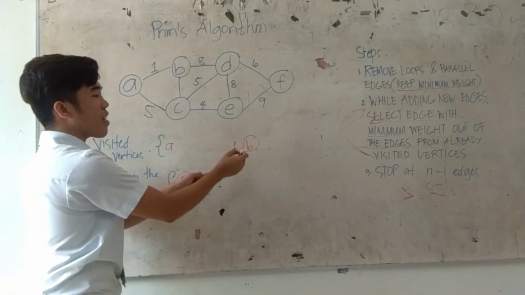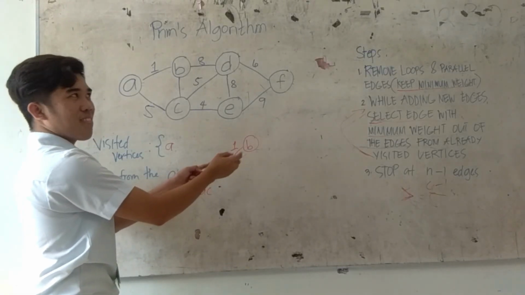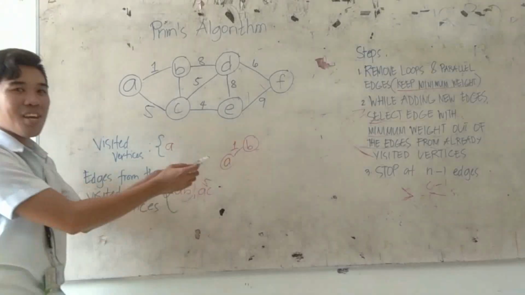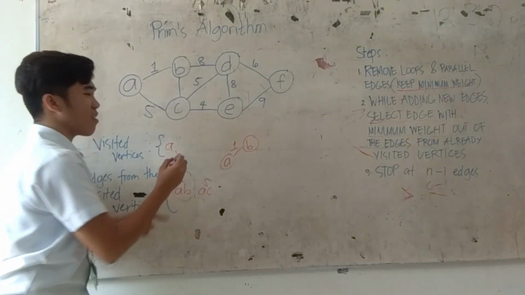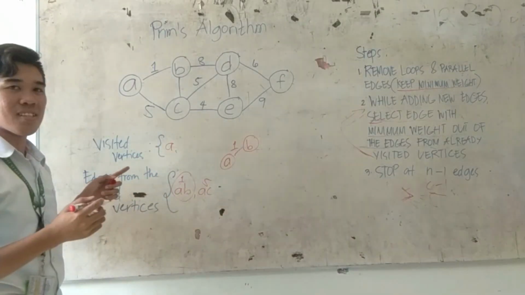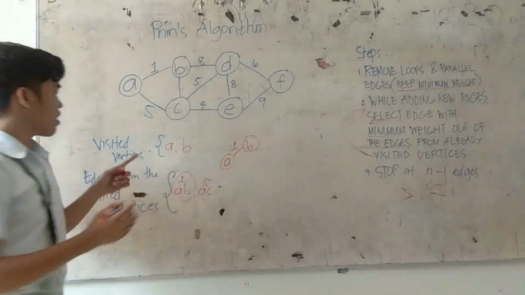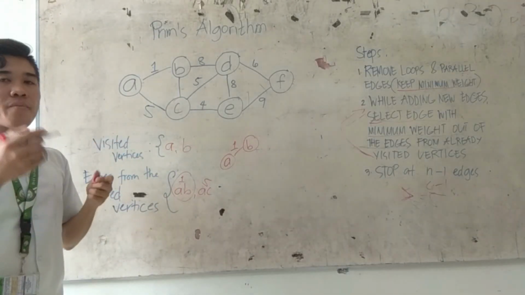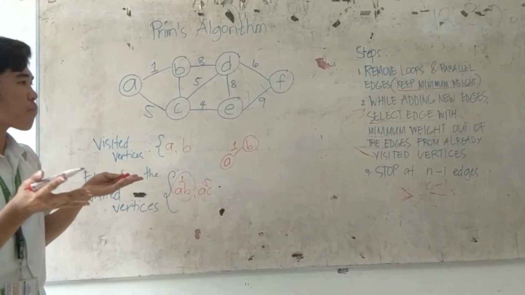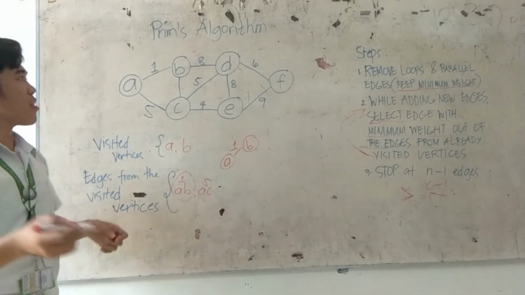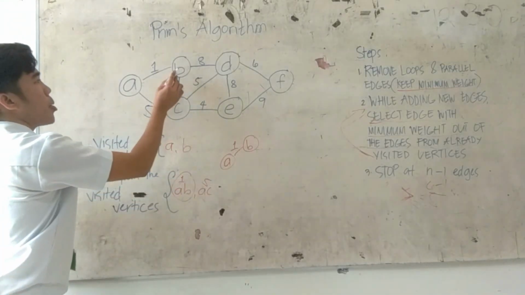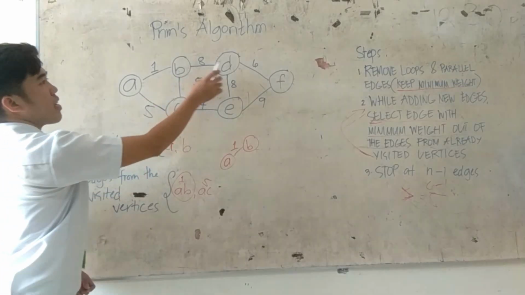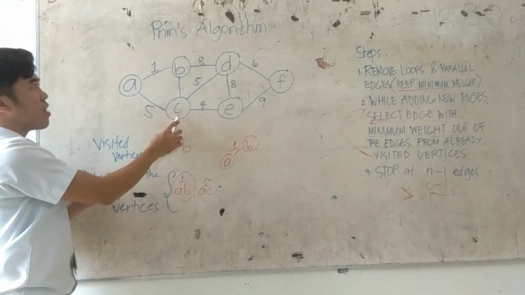This AB edge makes B the one that we are going to visit. So B is our newly visited vertex. Now from the visited vertex, the edges are BA, BD, and BC.